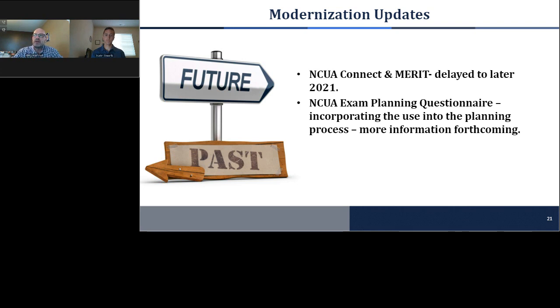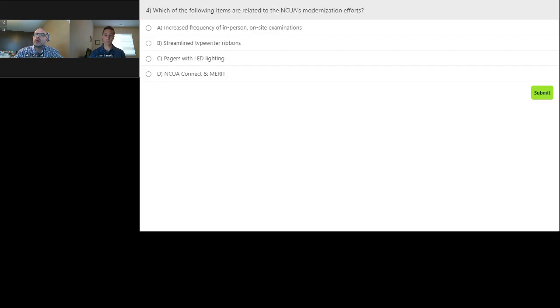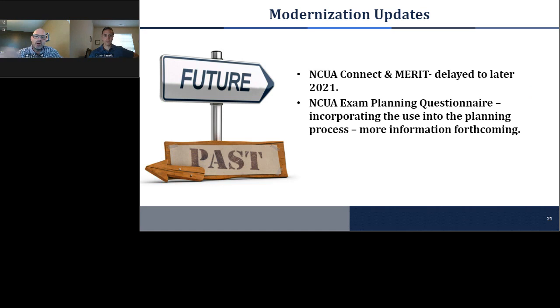And then there's a little bit on the examination planning questionnaire. We used an exam planning questionnaire before. Now we're trying to incorporate that in the planning process itself and hopefully help you provide examiners with information on certain things that are happening in your institution that help the exam process become more efficient and effective.